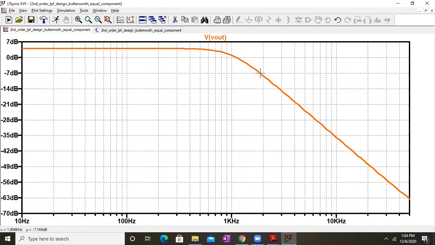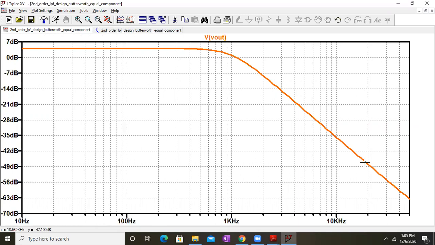Around minus 7 dB, you are getting 1.86 kilohertz, and around minus 47 dB, you are getting 18 point something kilohertz.